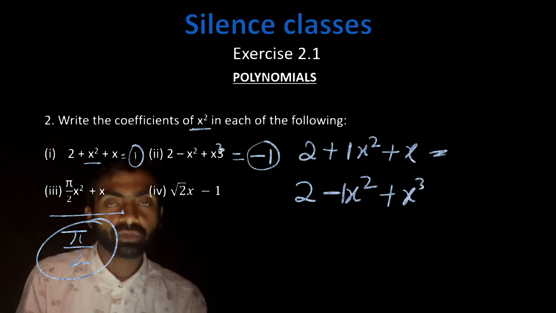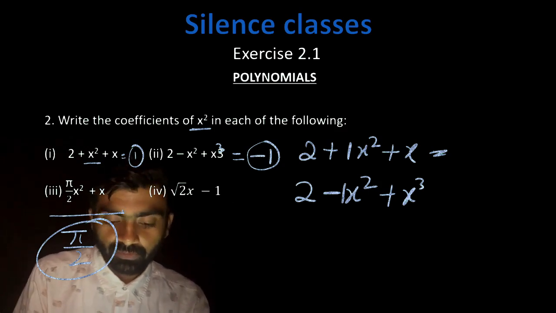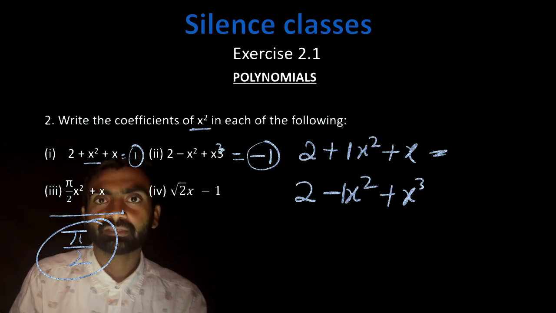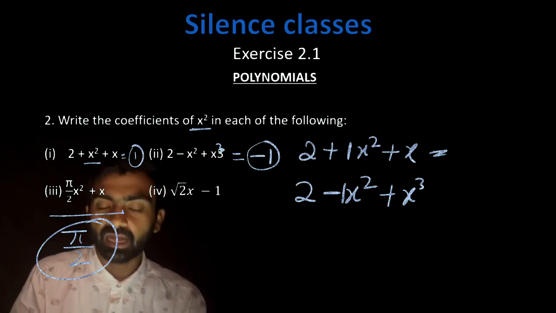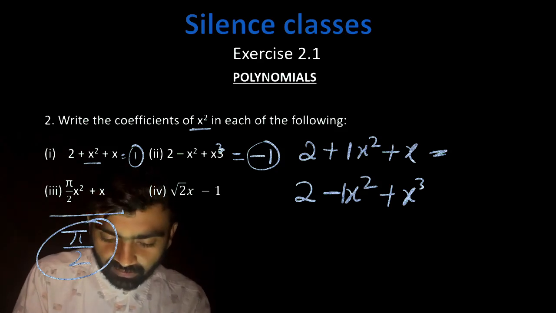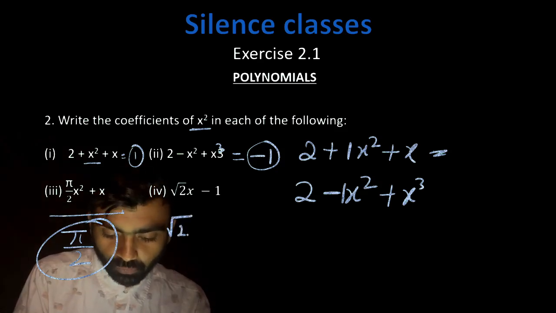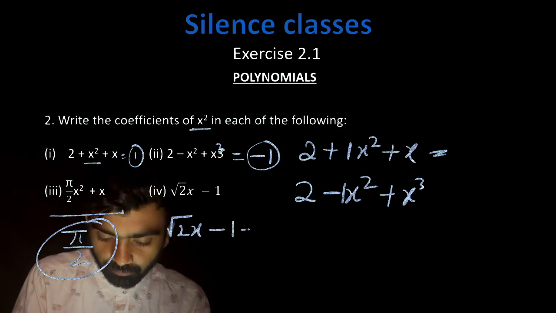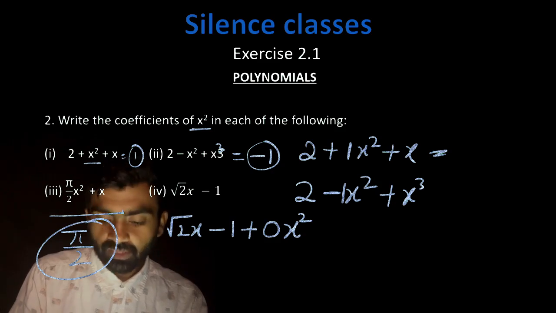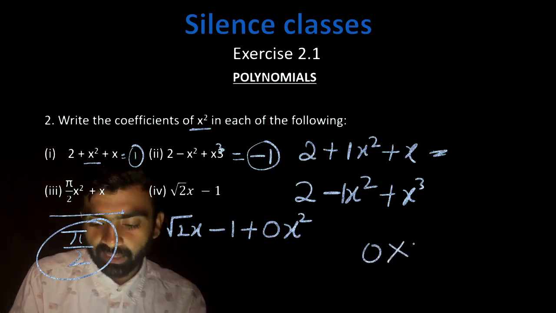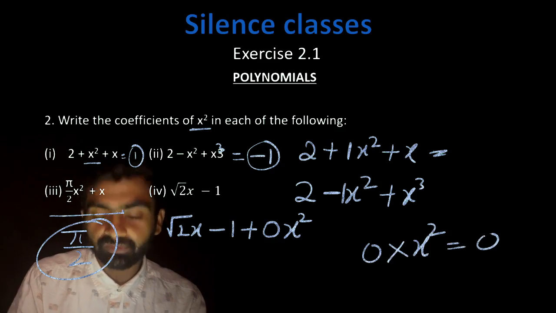Oh sorry, not root 2, because over here x square is not given. So we can put x square ourselves, like this: root 2x minus 1 plus 0x square. Why have we written 0x square? Because if I multiply 0 by x square, it will become 0 only.